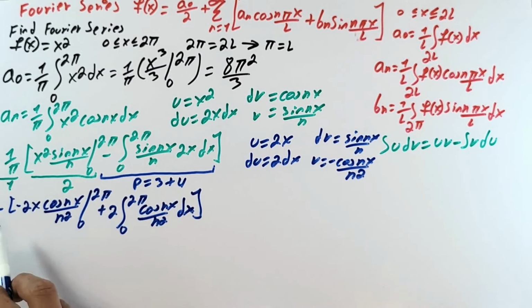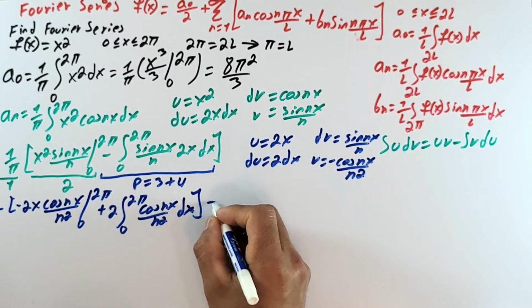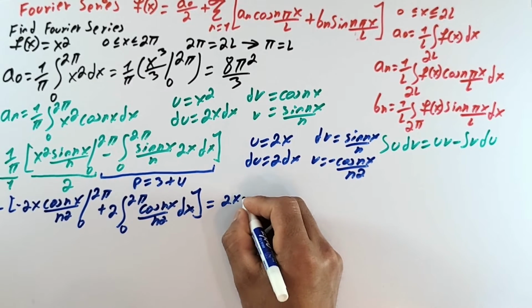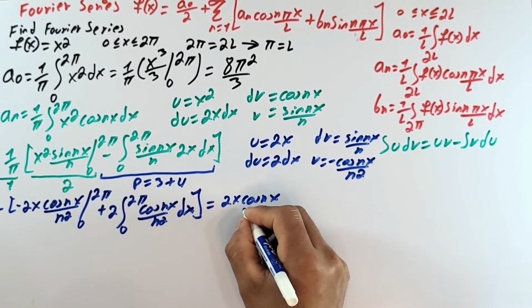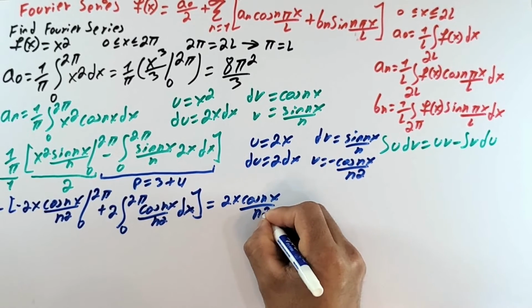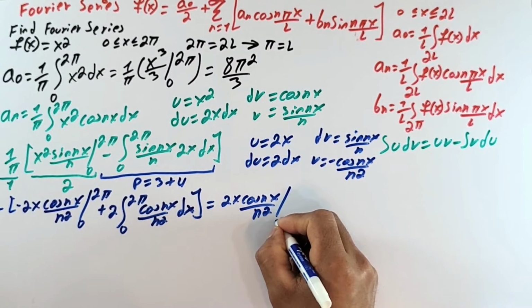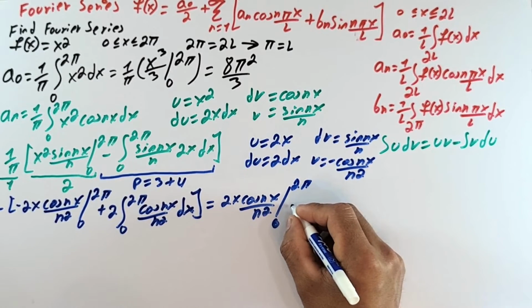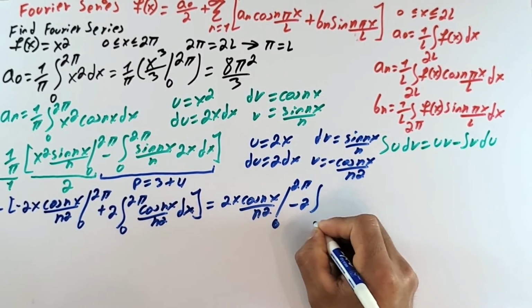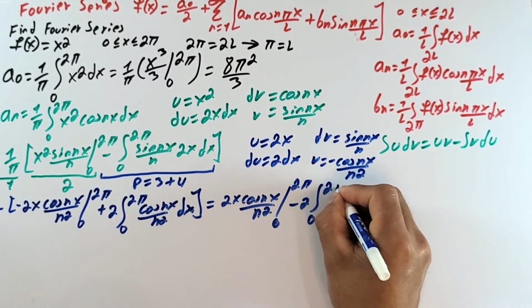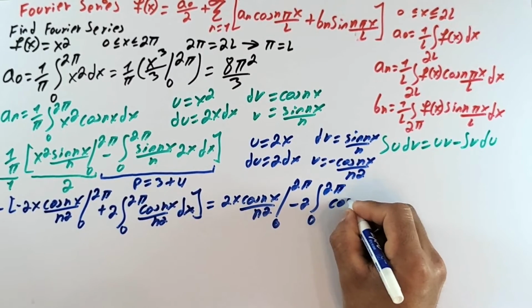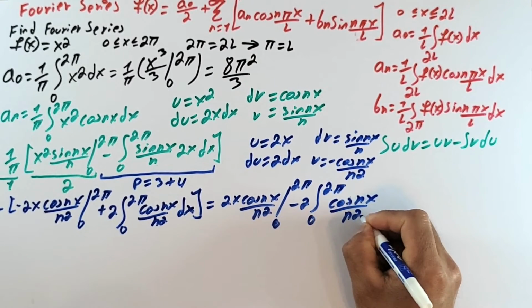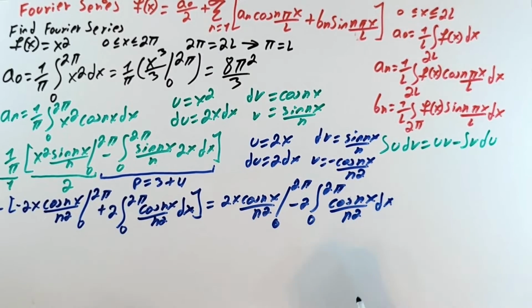So let me clear this negative here. We get 2x cos nx over n squared integrated from 0 to 2 pi, and minus 2 integral from 0 to 2 pi cos nx over n squared dx.